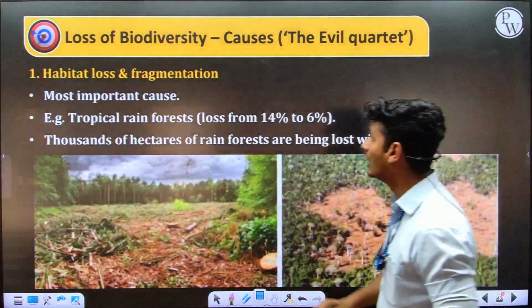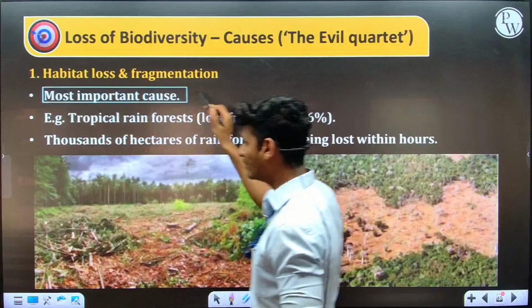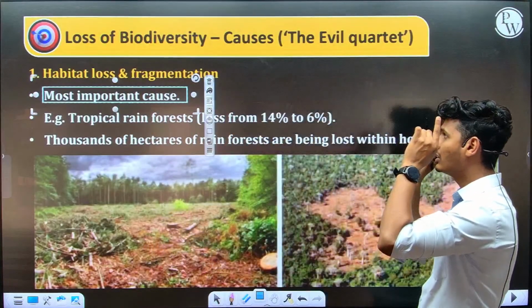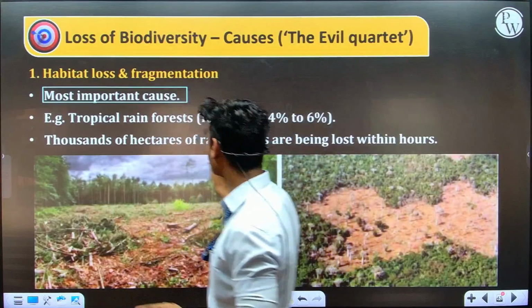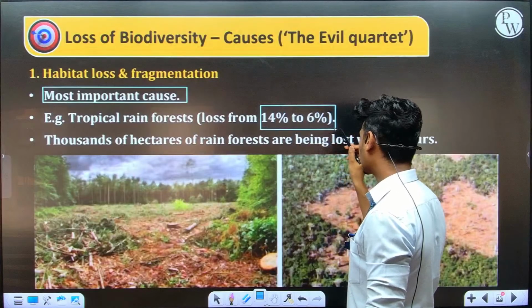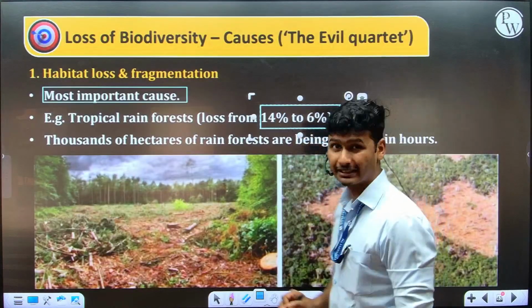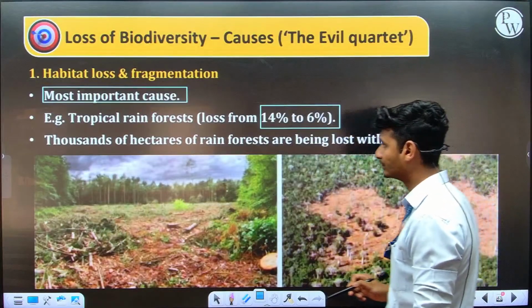First, habitat loss and fragmentation is the most important cause of biodiversity loss. Second, tropical rainforest loss. Some time before, tropical rainforest was 14%. Now, it is only 6%.